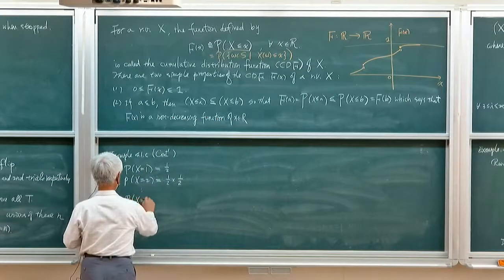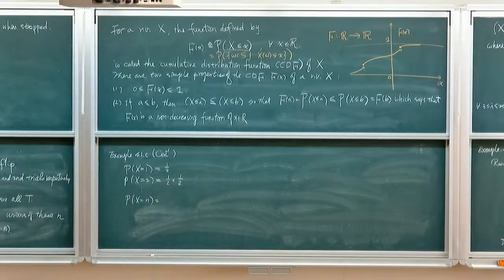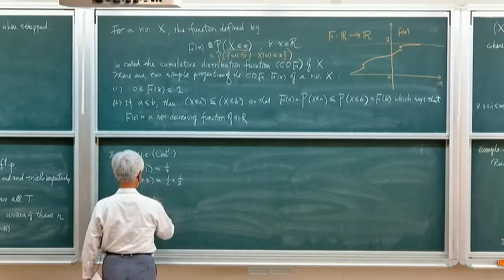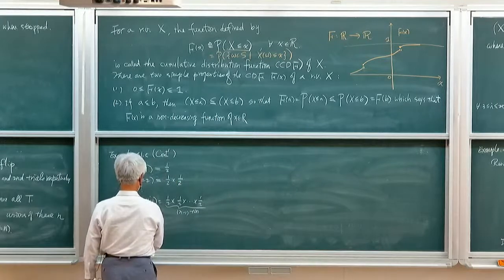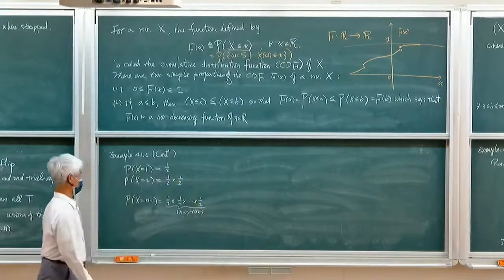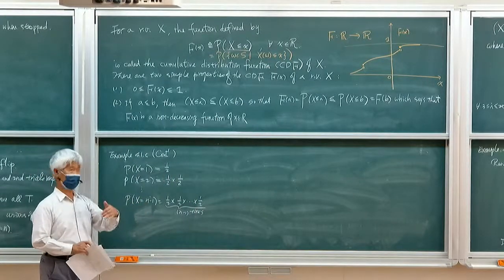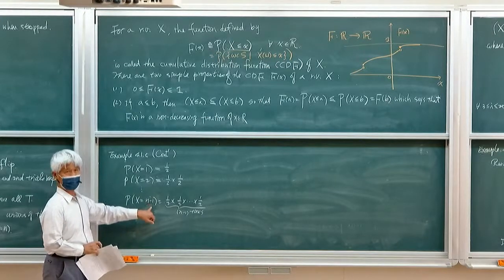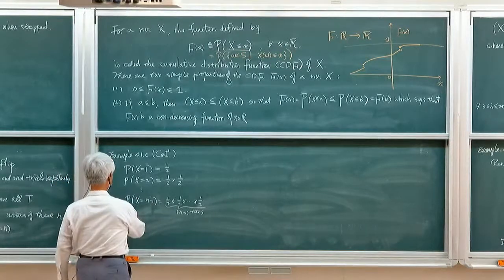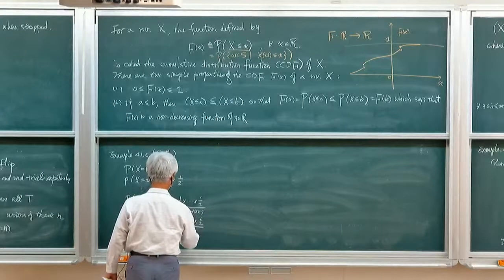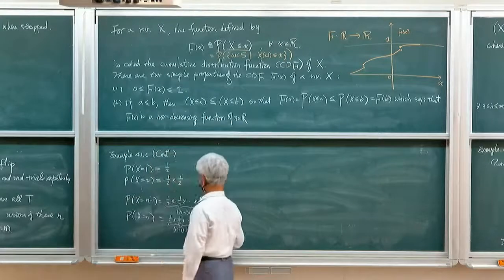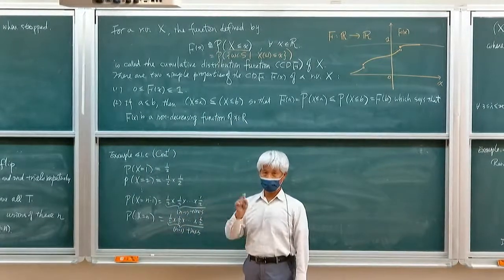And in general, for X equal to n, the first n minus 1 trials are all tails, but at the n-th trial, the face is head.